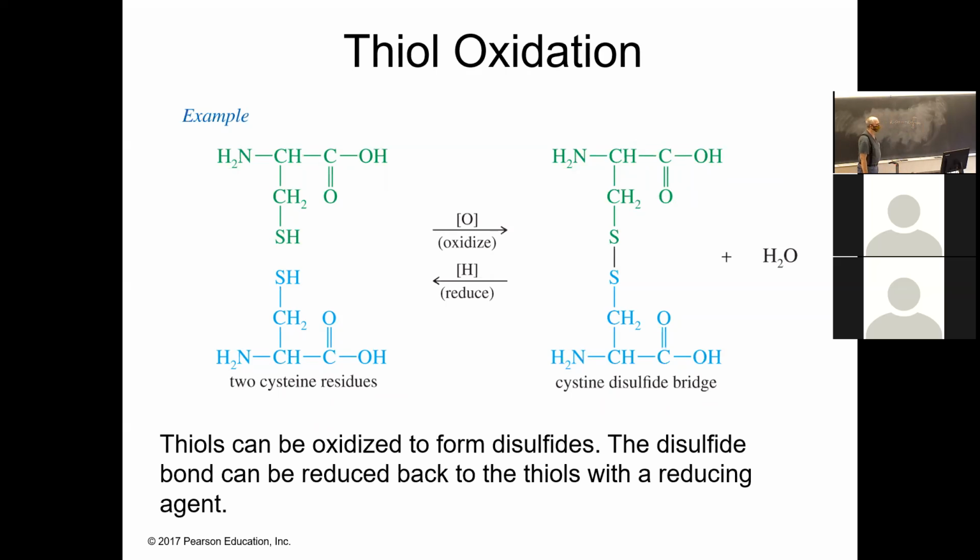Sulfonic acids are something we're going to talk about next semester as well. And again, there's no equivalent with oxygen. Oxygen cannot have this many bonds. Okay, so there's a few differences between thiols and alcohols.